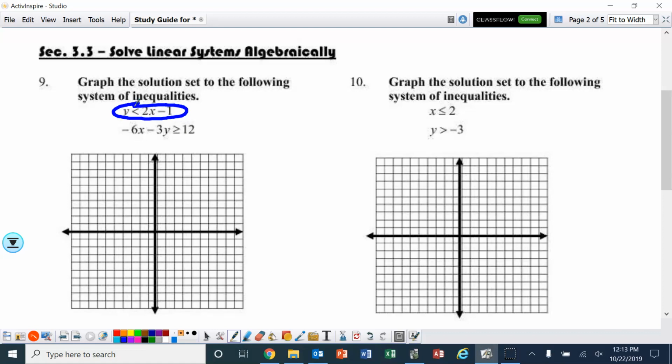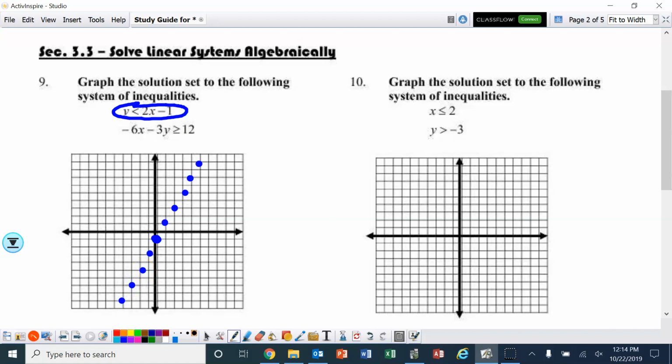So it looks like our y-intercept is -1, so we're going to start right down here. And the slope is up 2 over 1. And I'll go backwards and put the other dots in.